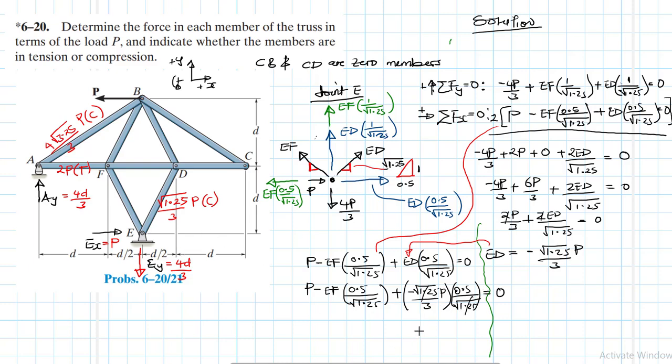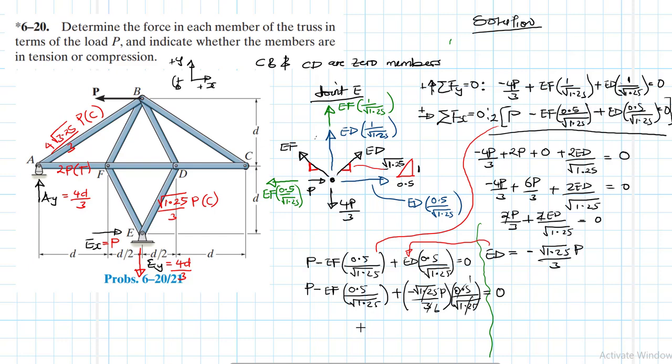Right, this and this goes, then here is 1, then here 0.5 into 3, how many times does it go? It is 6 times, right? Here it is 6, right?